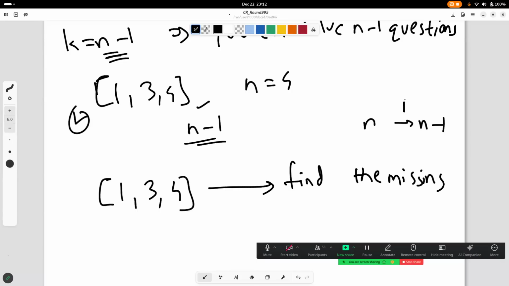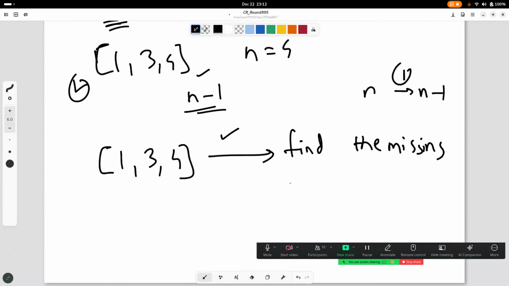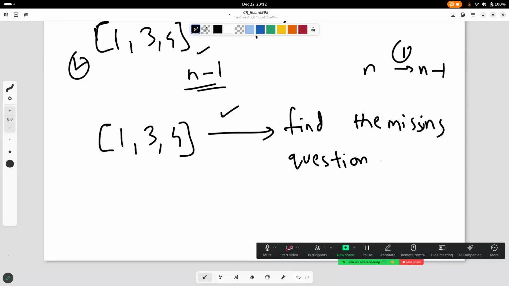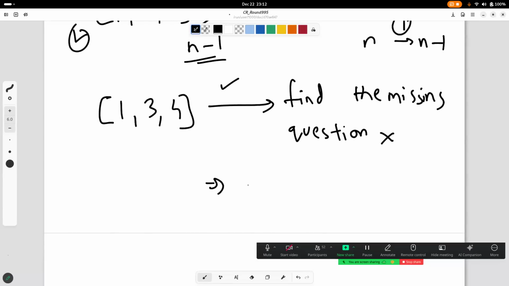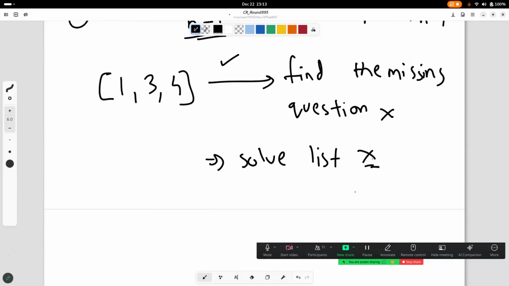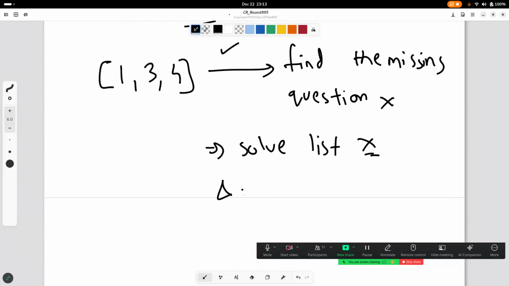So there's one question missing from this list of questions. Let's just say it's x. Then you can solve list x, the list represented by x, and not solve all other lists.